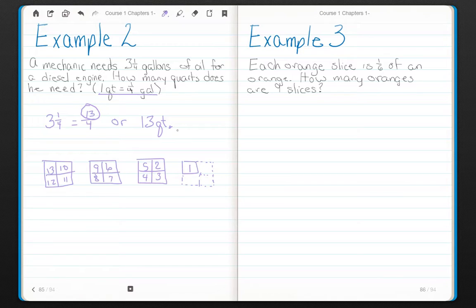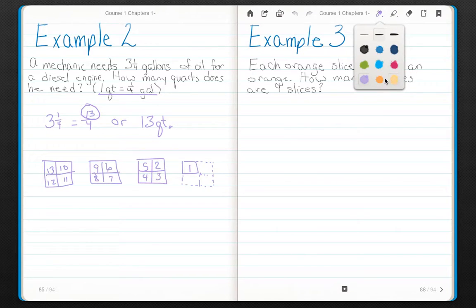Okay, example 3. Each orange slice is 1/6 of an orange. How many oranges are in 9 slices? Well, if I have 9 slices, and each slice is 1/6 of an orange, then I have 9/6 of an orange.